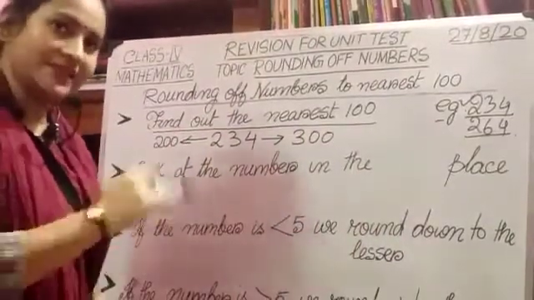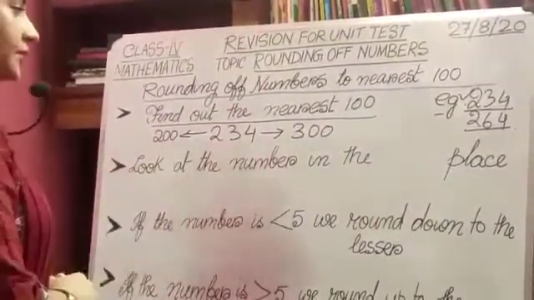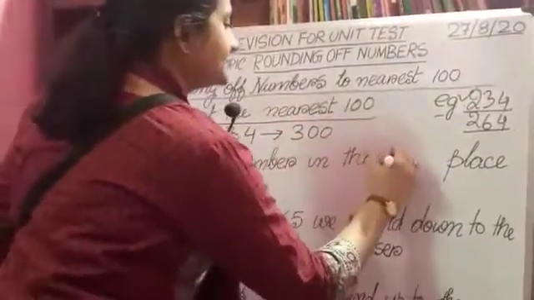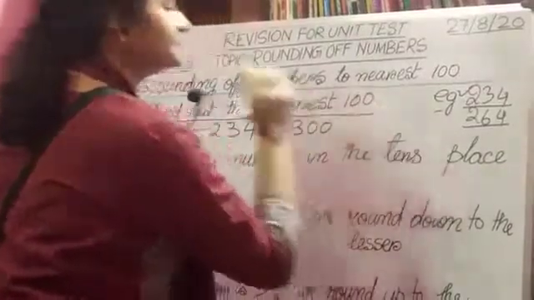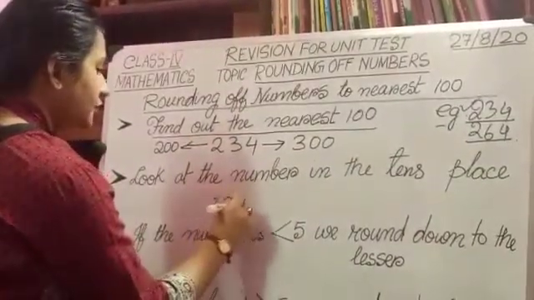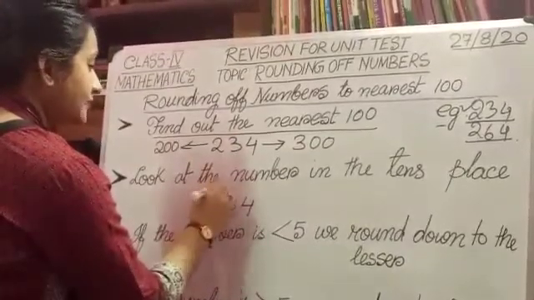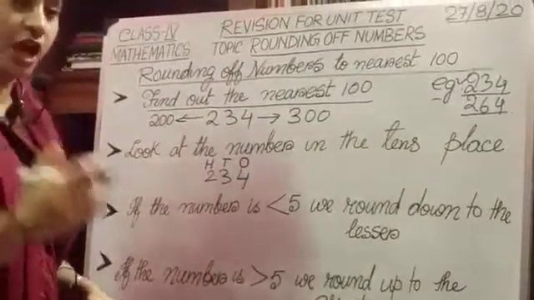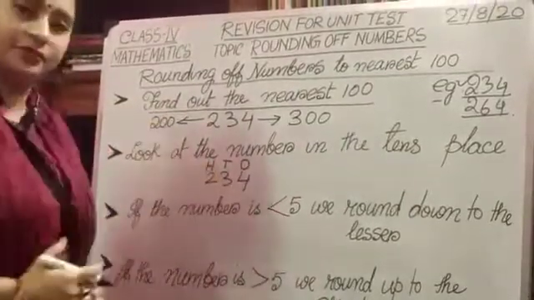Now come to the second step. Look at the number which is in the tens place. Right children? So again I am writing 234 and I am writing their place values. According to the place value chart, I am placing the numbers. Right?